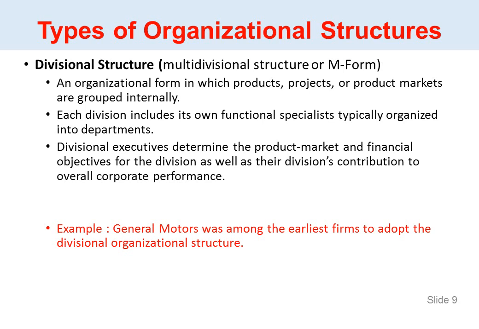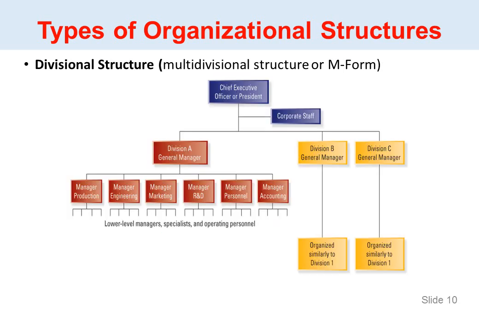Divisional executives determine the product, market, and financial objectives for the division, as well as their division's contribution to the overall corporate performance. Let's see the graph to help you understand the meaning of the divisional structure.